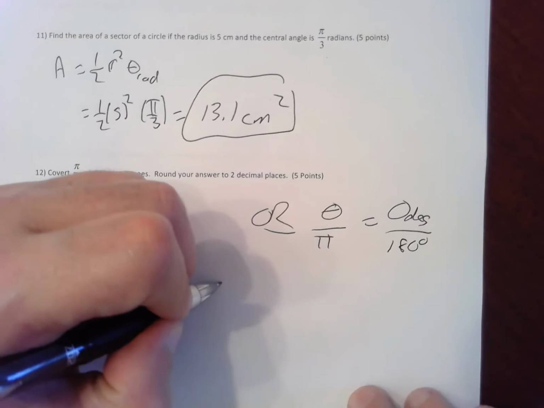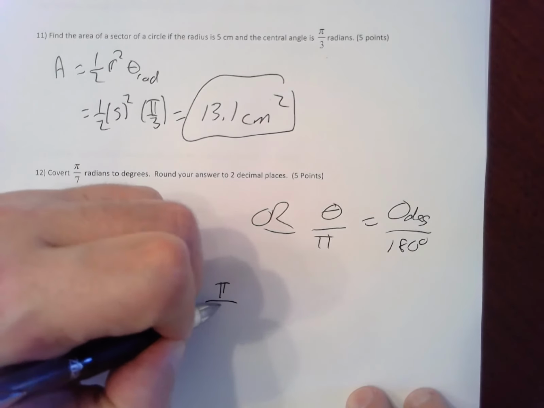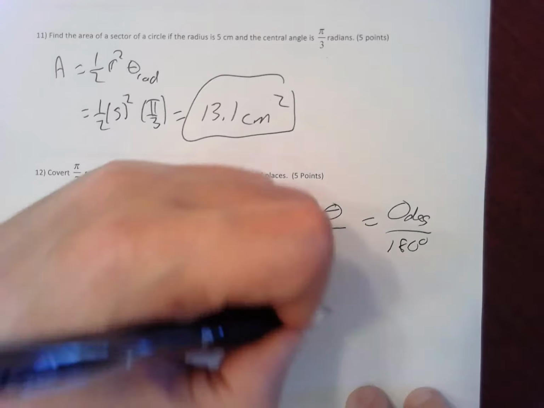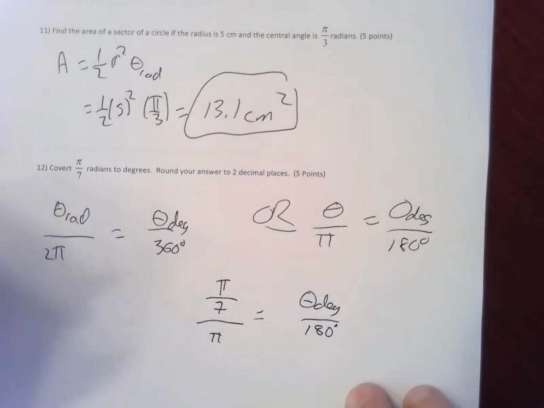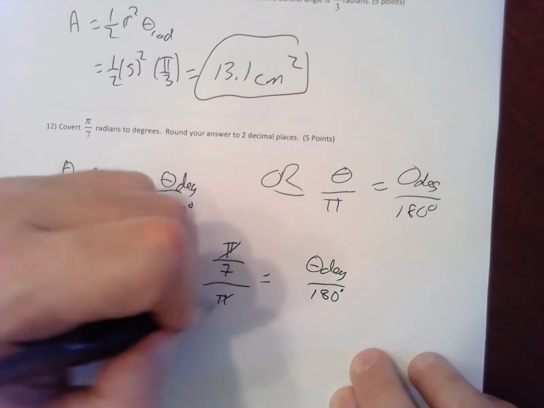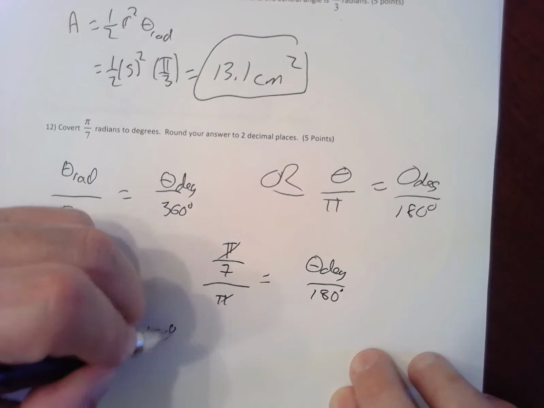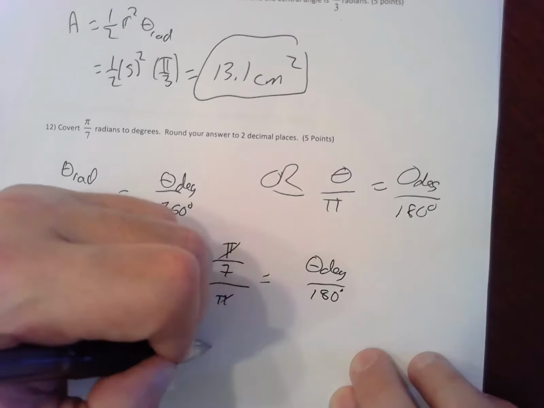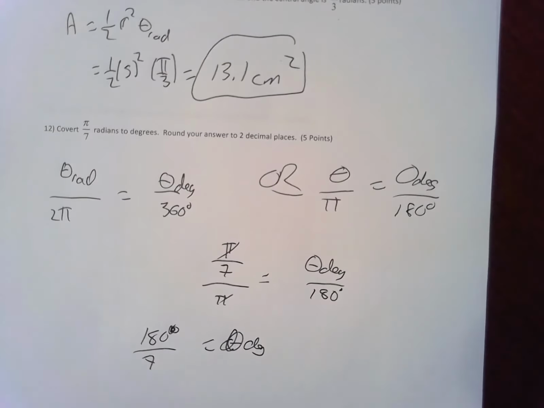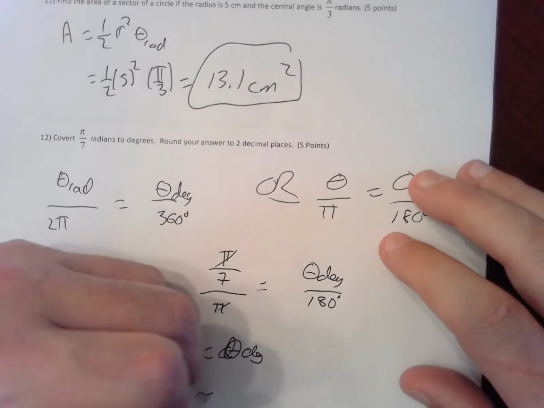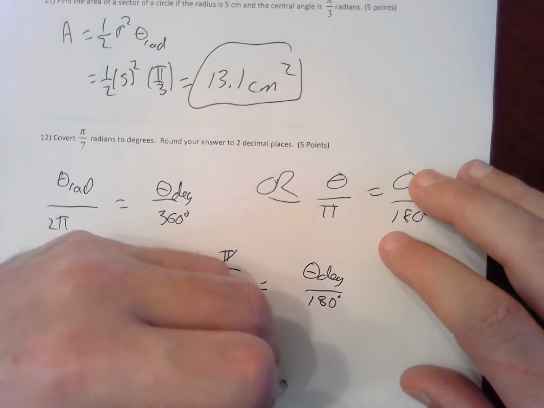So we get pi over 7 over pi equals theta in degrees divided by 180. Okay, so the pi's cancel there. I get 180 over 7. Yeah, that's in degrees. That's about 25.7 degrees.